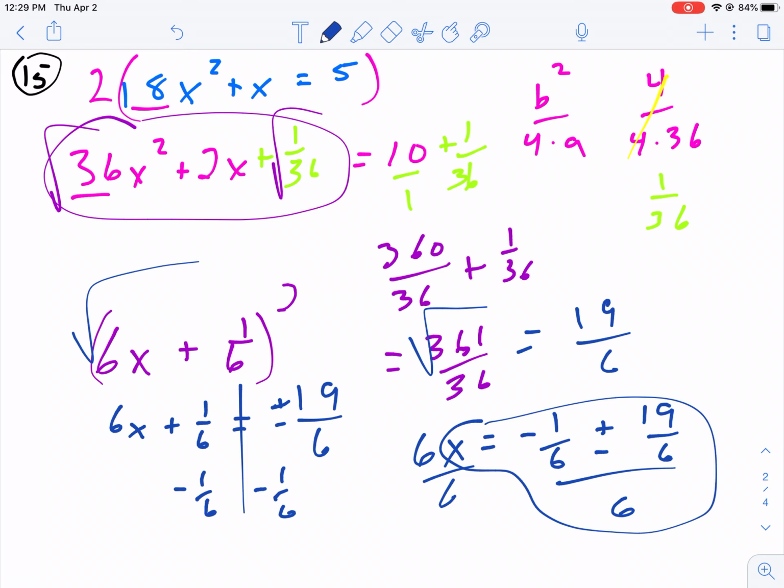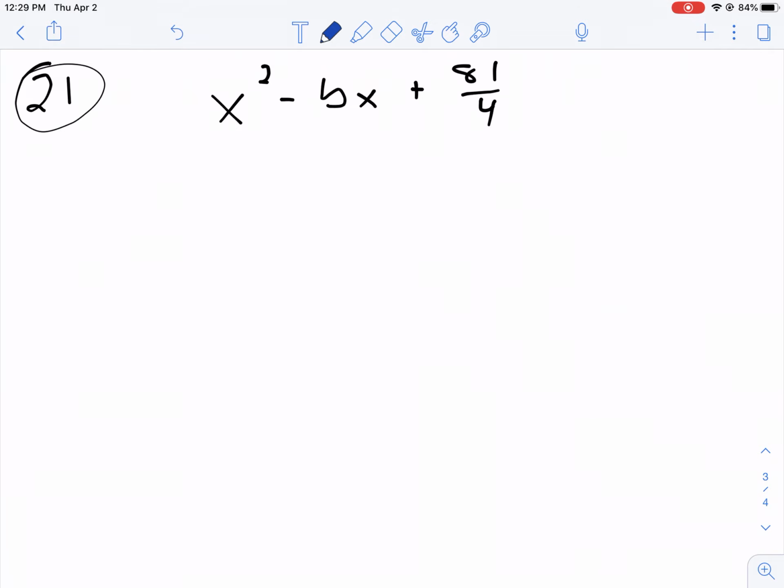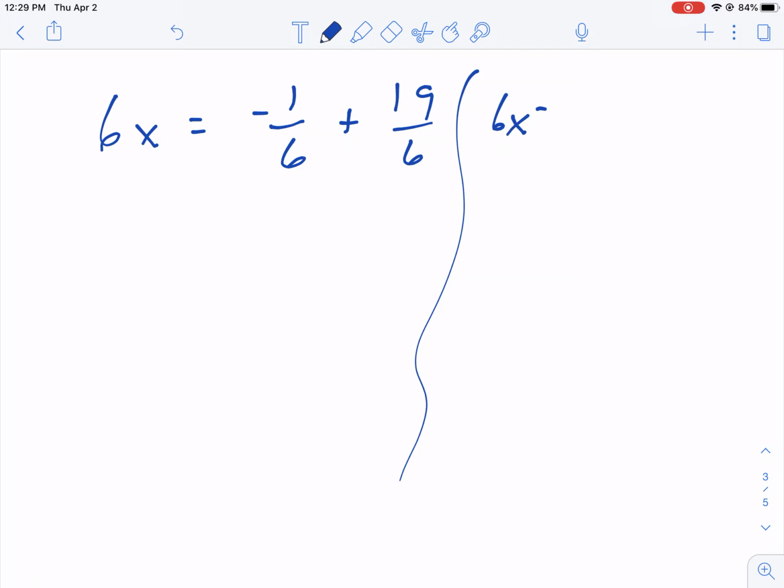So let me grab something else. So 6x equals negative 1/6 plus 19 over 6, and then 6x equals negative 1/6 minus 19 over 6.